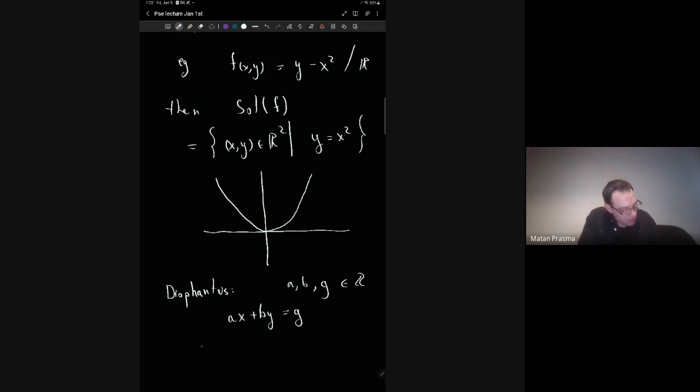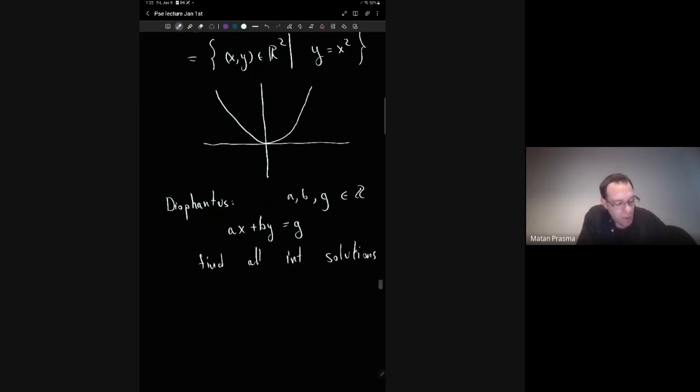We'll find all integer solutions to this equation. If you remember, we talked about it when we did some elementary number theory. Solutions x and y to this equation are the so-called Bezout coefficients.